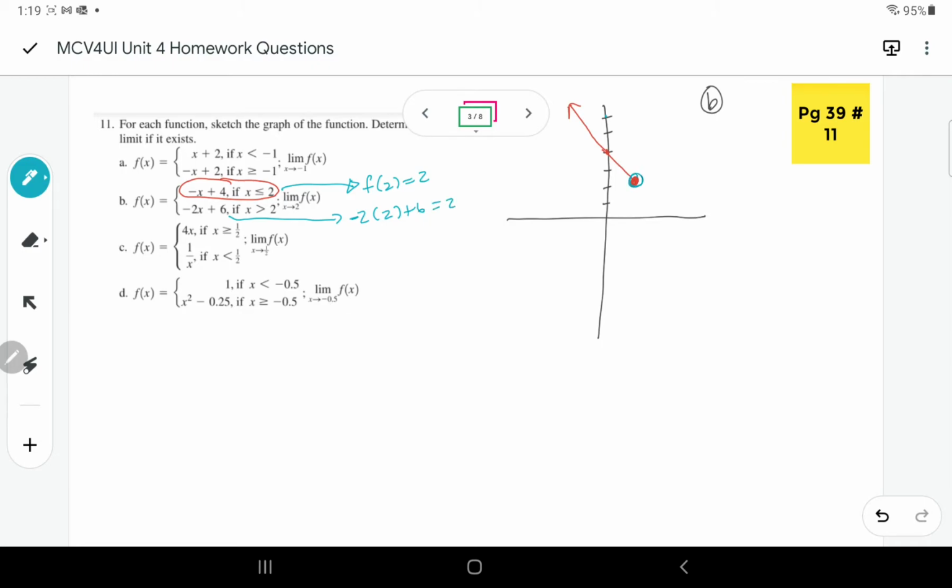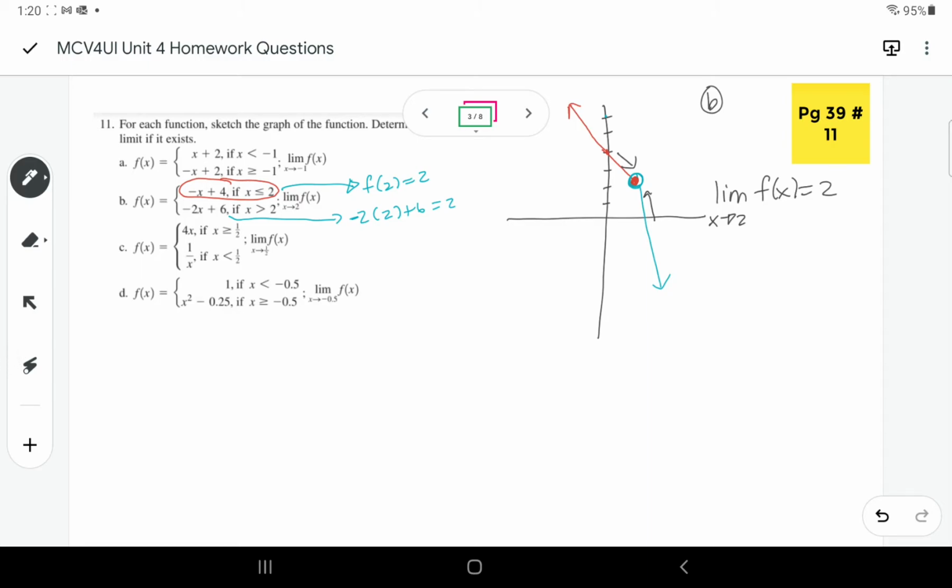So there would be an open circle there with a steeper slope of -2. Probably not that steep, but that's okay. So we see that the limit, because it's approaching the same value from both sides, the limit as x approaches 2 of f(x) is 2, because it's the same from both sides.